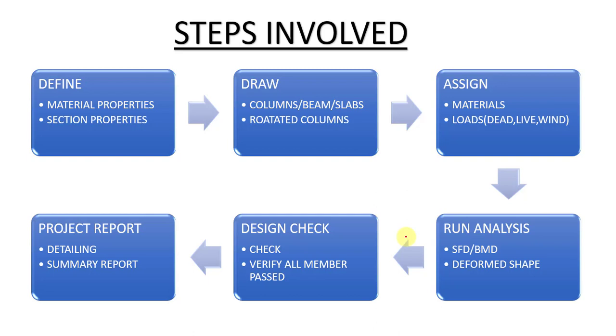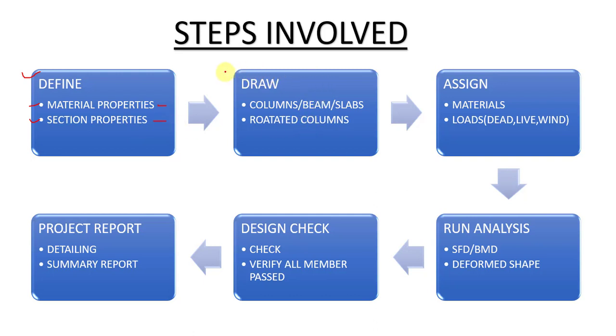Let me give a brief overview of how we will approach the process. First of all, we will define the material properties and section properties. In the material properties, the grade of concrete and the grade of steel are defined, and in the section properties, the dimensions of the beams, columns, and slabs are defined.